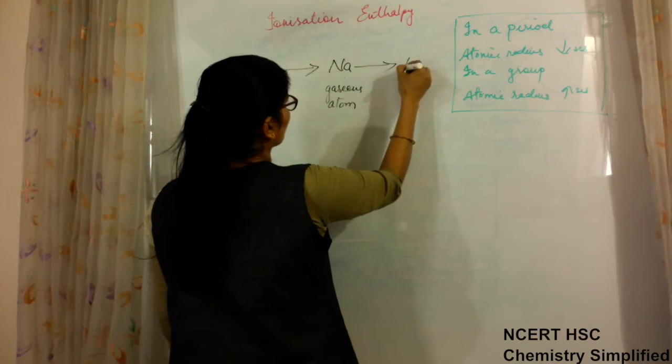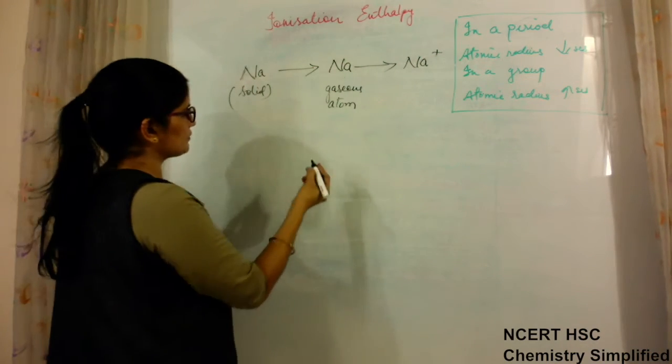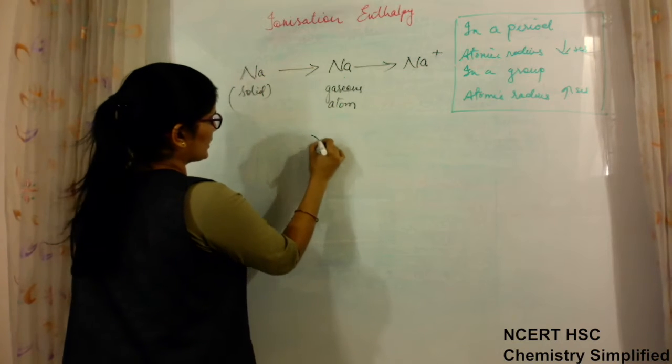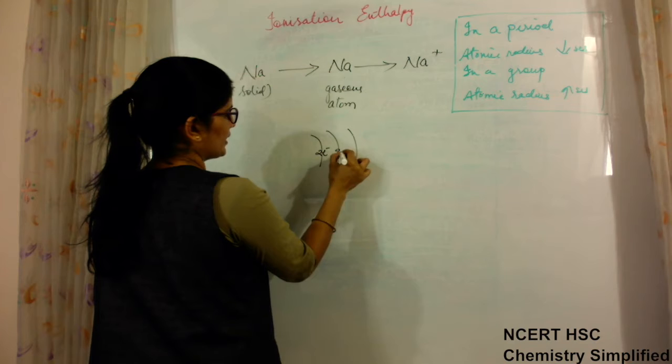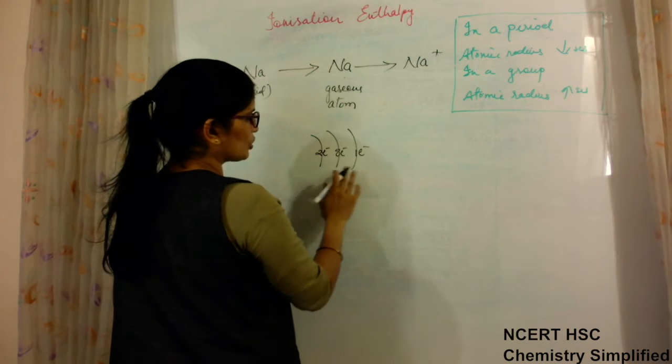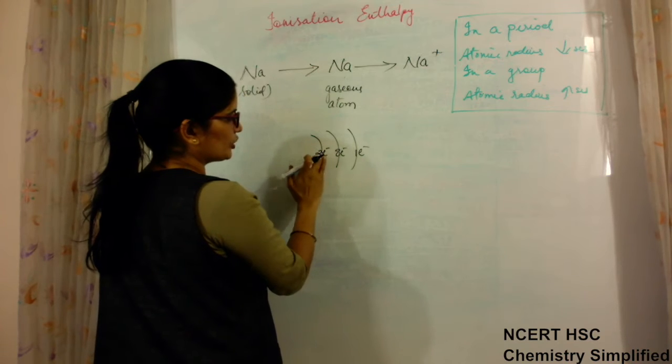This sodium forms Na1 positive. How does it form Na1 positive? We have seen that Na has 3 shells, first having 2 electrons, second having 8 electrons, and third one having 1 electron. Sodium wants to lose this electron because it wants to become stable with 2 and 8.